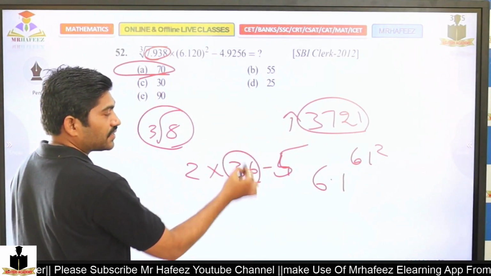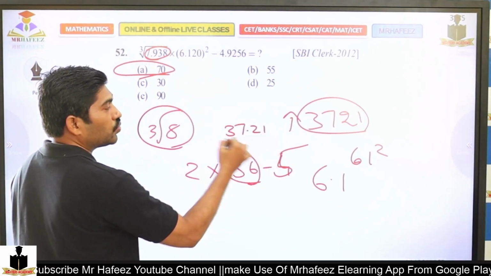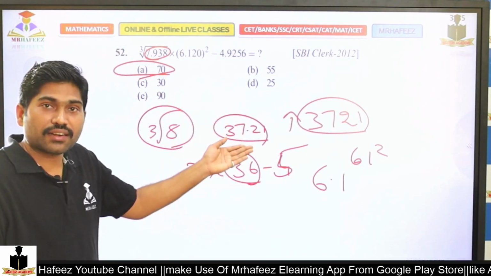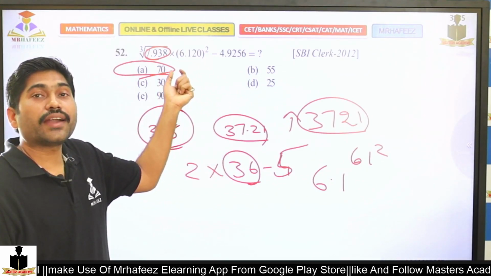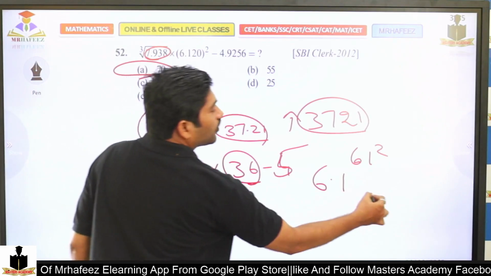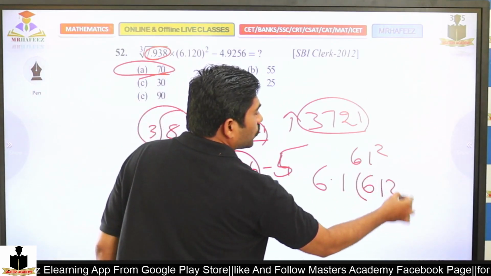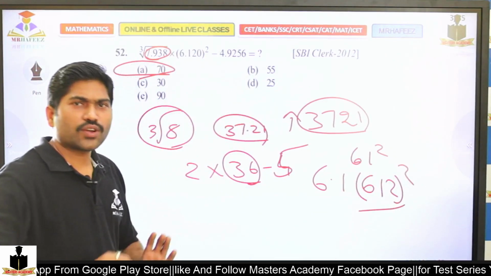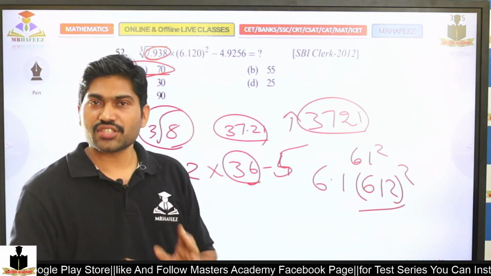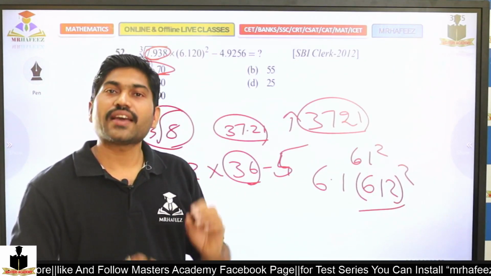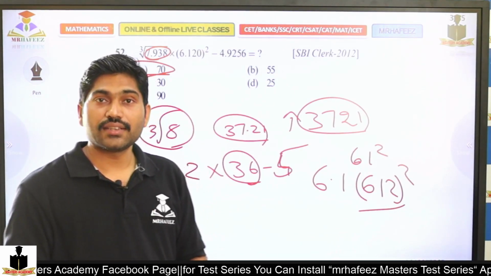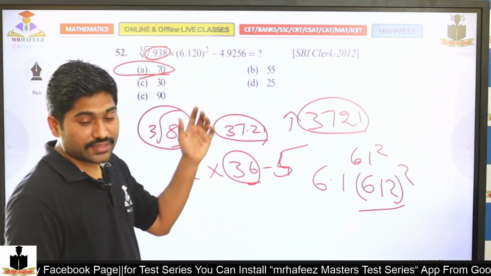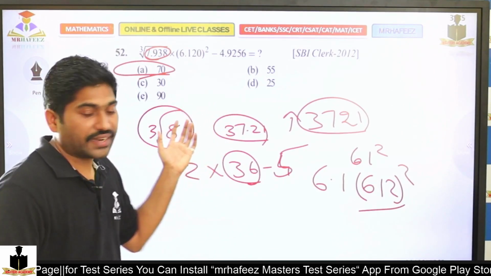That is not 36, that might be 37.21, or even more, because that is not even 6.1, that is 6.120, very near to 6.12 whole square. So we are not going to calculate 6.12 whole square or 61.2 whole square or 612 whole square, but this is very easy for us to analyze. It is just 6 square, right?